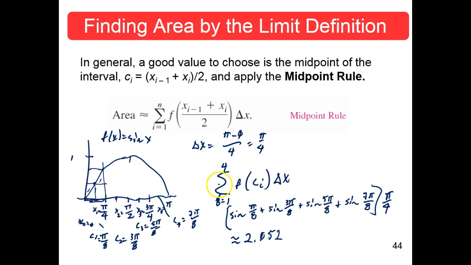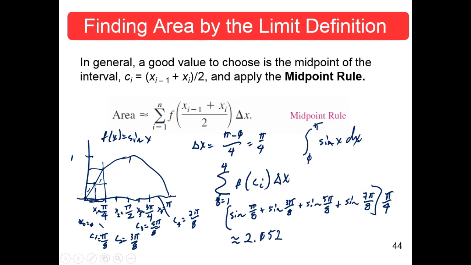If we change that summation to an integral, and we're going from 0 to pi, and we haven't done definite integrals yet, but we're coming up on that real soon. Your function is sine of x, and your dx is your delta x.